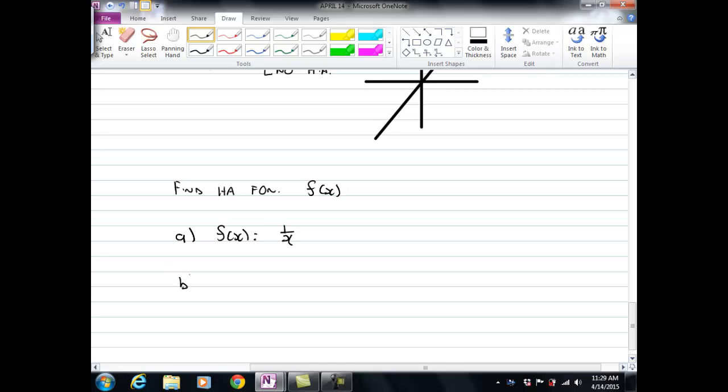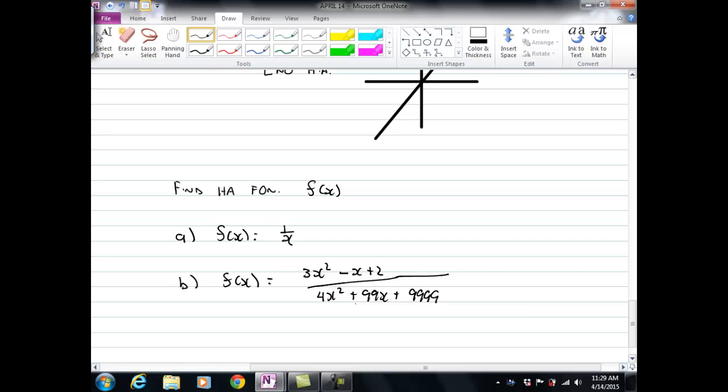B, f of x equals 3x squared minus x plus 2 over 4x squared plus 99x plus 9,999. Let's see who can figure this one out.